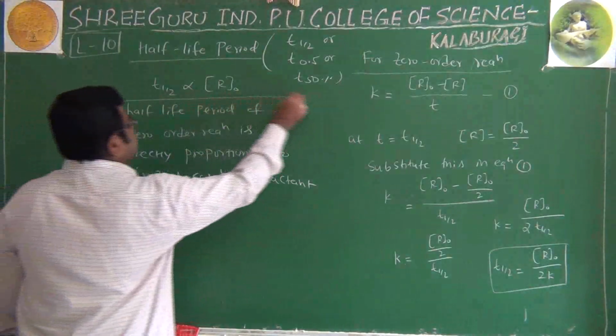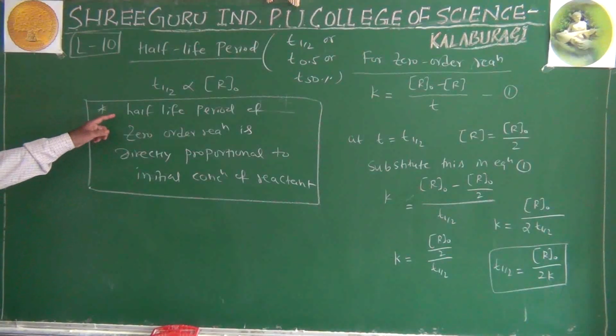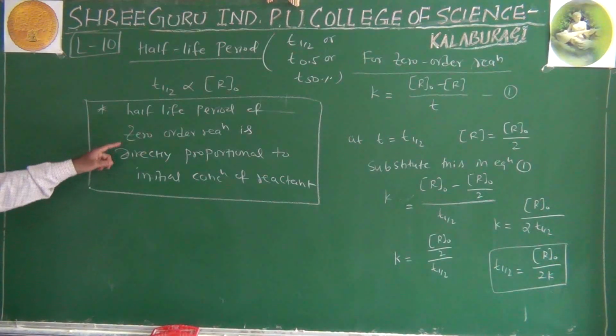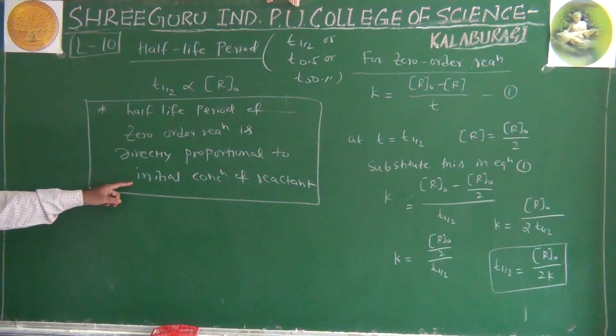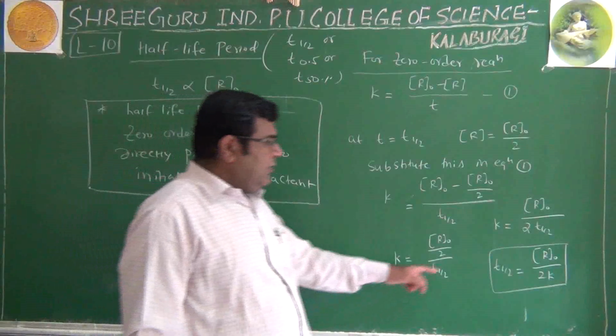Yes, this is a sentence. We should say half-life period of zero order reaction is directly proportional to initial concentration of reactant, and of course it is inversely proportional to the rate constant.